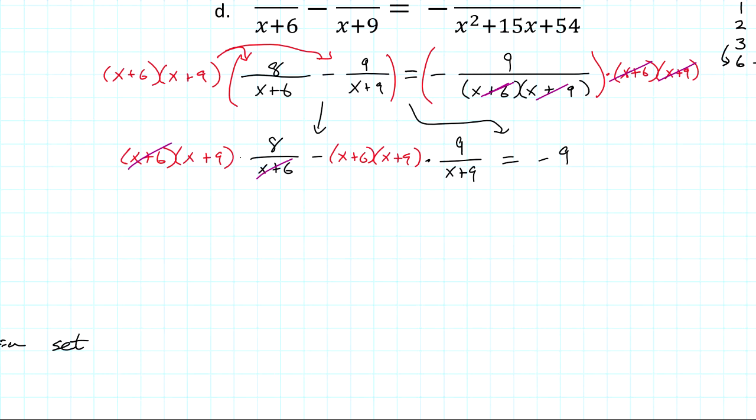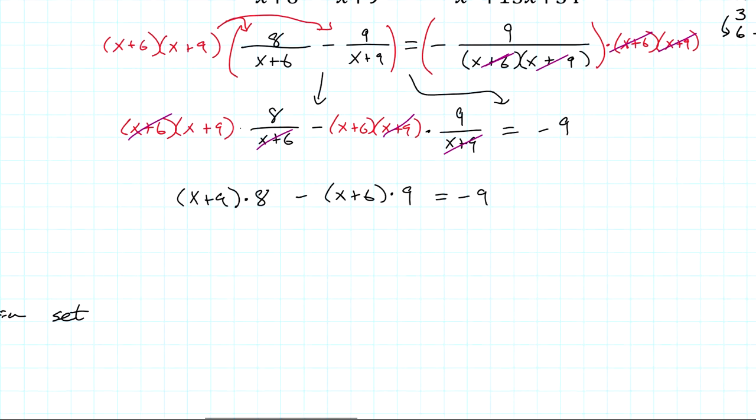In the first term, we can cancel the x plus 6's and be left with x plus 9 times 8, and then minus, and then in the second term here, the x plus 9's cancel, and we'll be left with the x plus 6 times 9, bring down the equals negative 9 now.